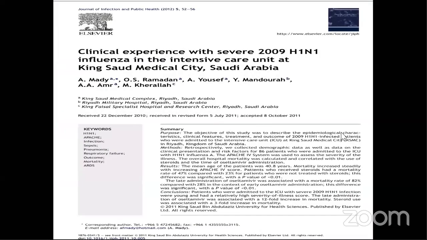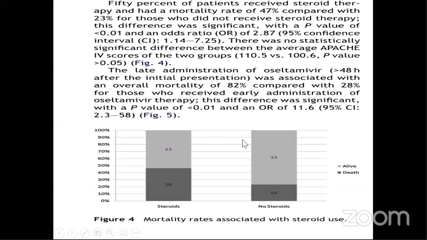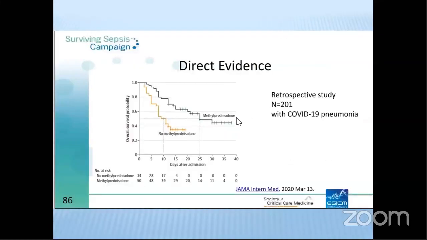This is our own study in King Saud Medical City in 2019, run by Dr. Mahdi and other team, about H1N1 patients. We had about 135 patients at this time. It shows that in patients who received steroids, mortality increased by 50%. So for patients with viral pneumonia, we should avoid using steroids.